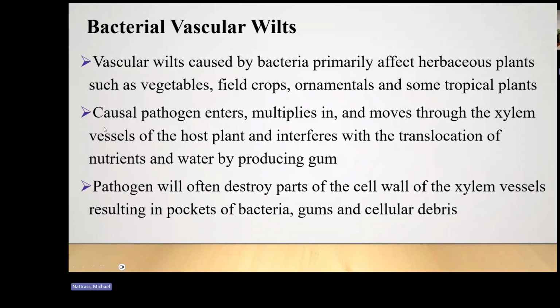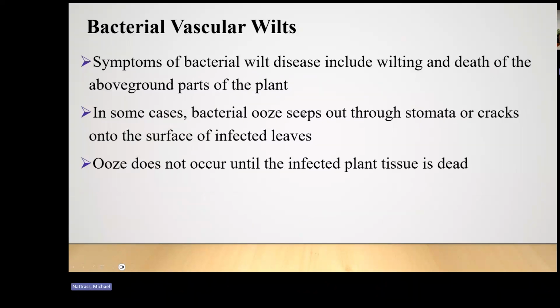Here we are with that translocation of the nutrients and the water because those cells are now gummed up. And so they'll destroy that cell wall, the xylem vessels, some cellular debris. There's just junk in those vascular systems. And once that junk's there, you're pretty much done because once that plant reaches wilt, it's very difficult to get it to come back out of that.